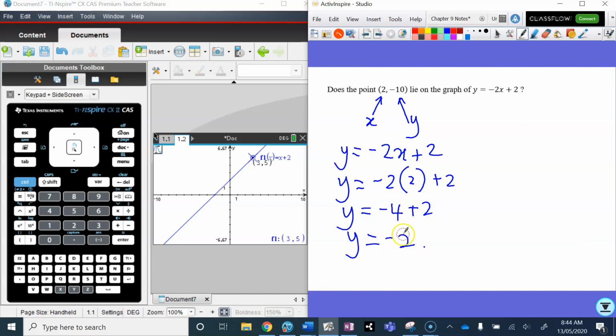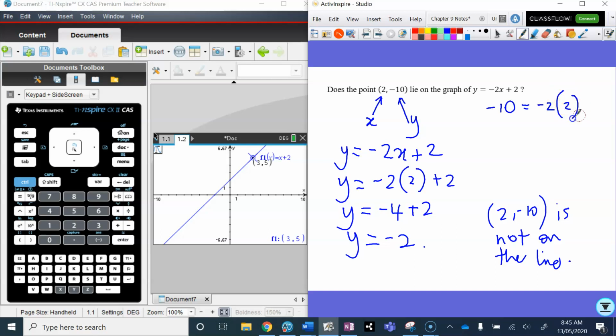So negative 2 is not negative 10, so I can say definitely no, that point is not on the line. So (2, -10) is not on the line. If I did it by the other method, and I substituted in both values at the same time, I would end up with negative 10 is equal to negative 2 times the x value, which is 2, plus 2.